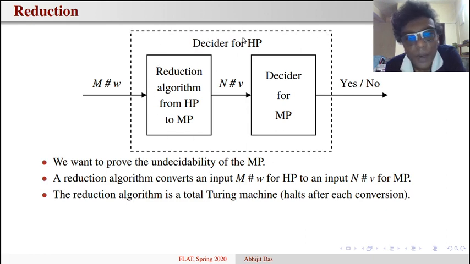One thing that you need to understand is that this reduction, or this conversion of M hash W to N hash V, must be doable by a total Turing machine. That is a Turing machine which always converts this to this for every possible input. This conversion algorithm stops after correctly making this conversion.